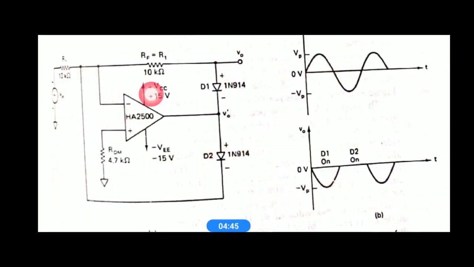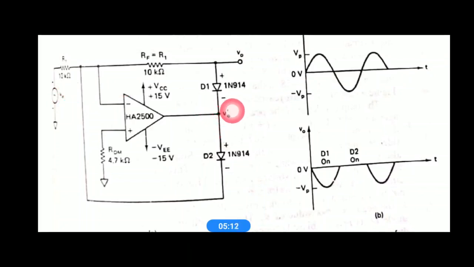When you apply the negative half cycle, the output is positive saturated. In the previous diagram we saw that this is where we were not getting the output. When you apply the negative half cycle, you get a positive saturation here.